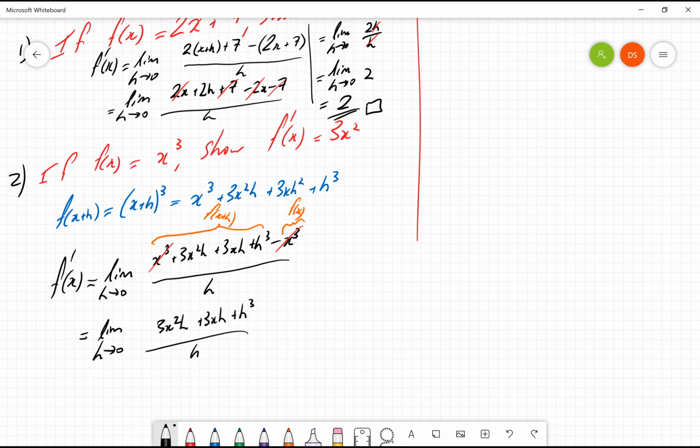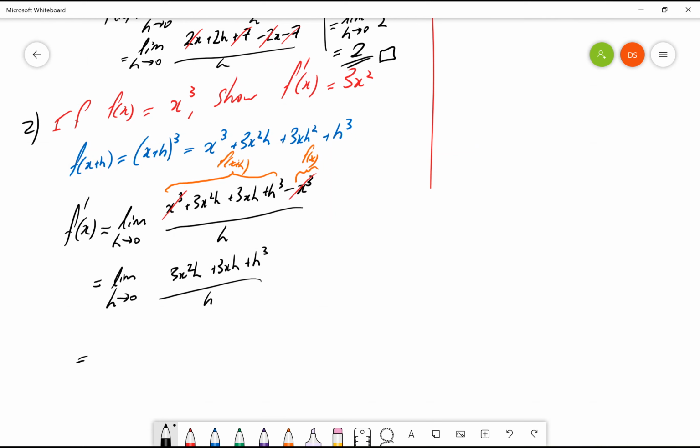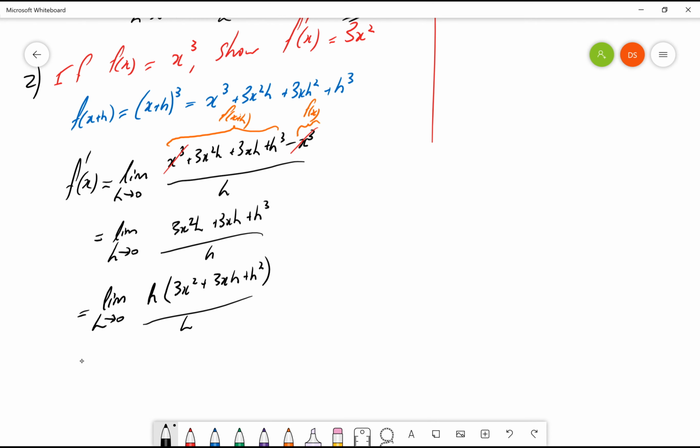And if you notice, I can factorize h out. So I've got h times 3x squared plus 3xh plus h squared all over h. And fortunately for me, limit as h tends to 0, h over h, that cancels. And then I've got this thing left over.